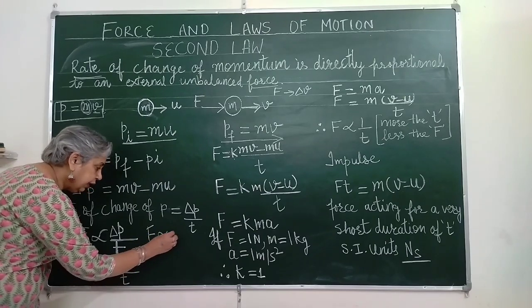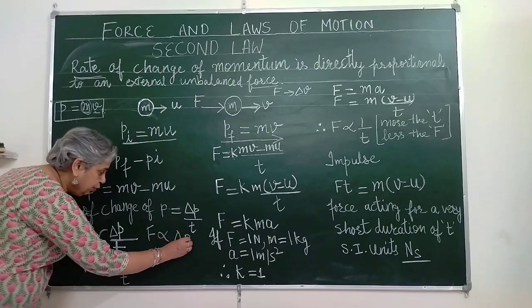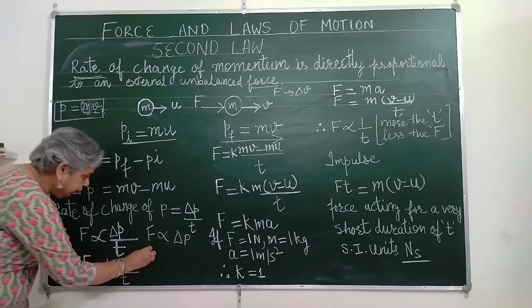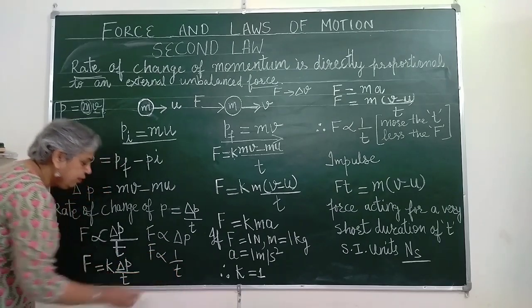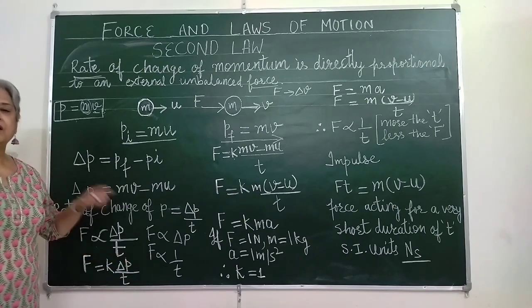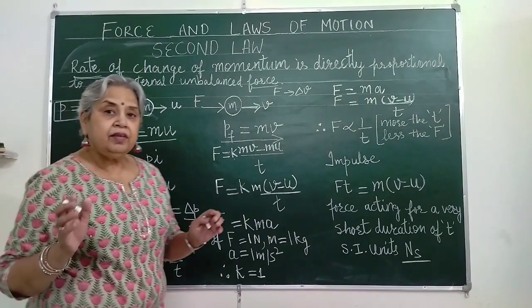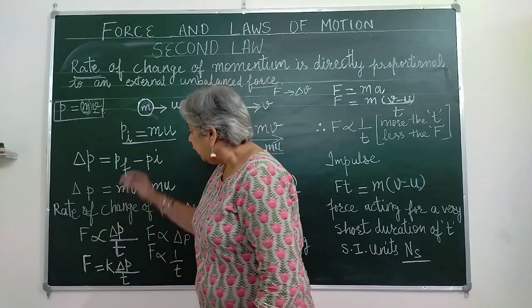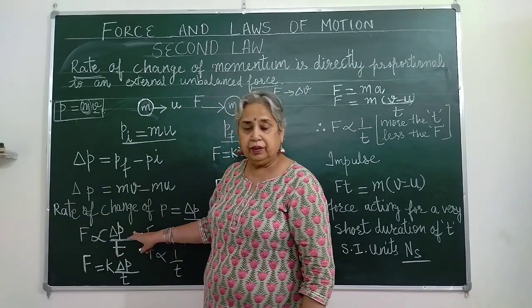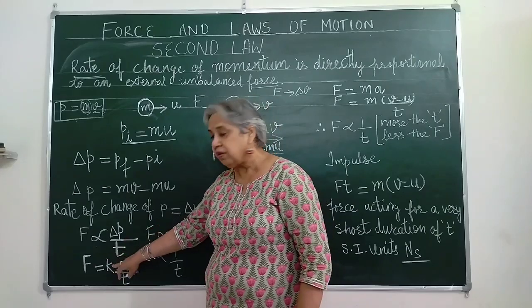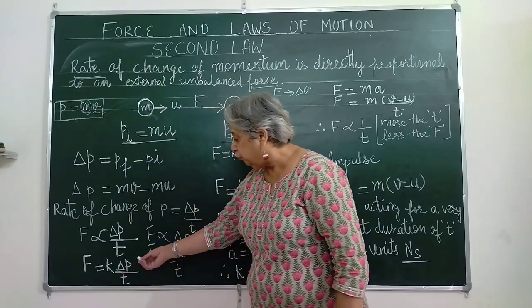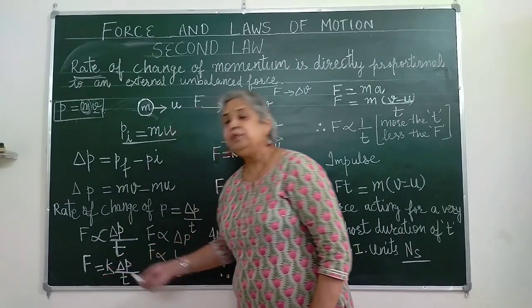Force is directly proportional to change in momentum, but with time it is in inverse proportion. That is, the more the time, the less the force. But nowhere does it say that force is equal to change of momentum. If we have to change the sign of proportionality to the sign of equality, then we use a constant k.